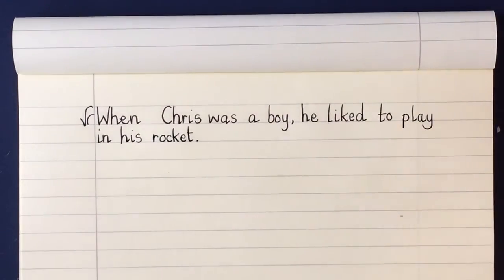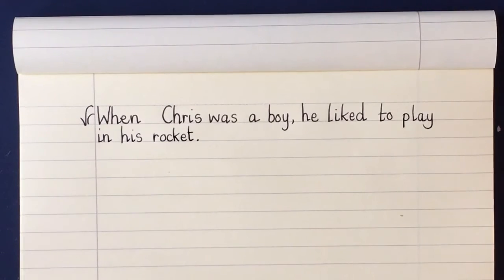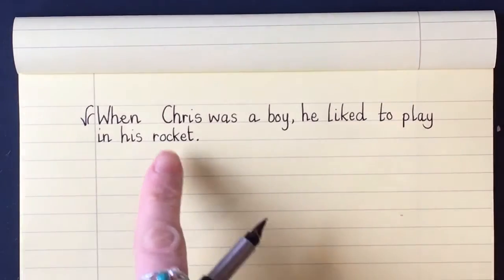Now you can stop there. Or, if you've got a bit of time, you could add an extra sentence. Now, could we use one of those exciting words from yesterday? So rather than he went to the moon, what could we do? So pause video now and think of a more exciting verb for went. Okay, we could have zoomed, zipped, whizzed, rocketed, but we've already used the word rocket.